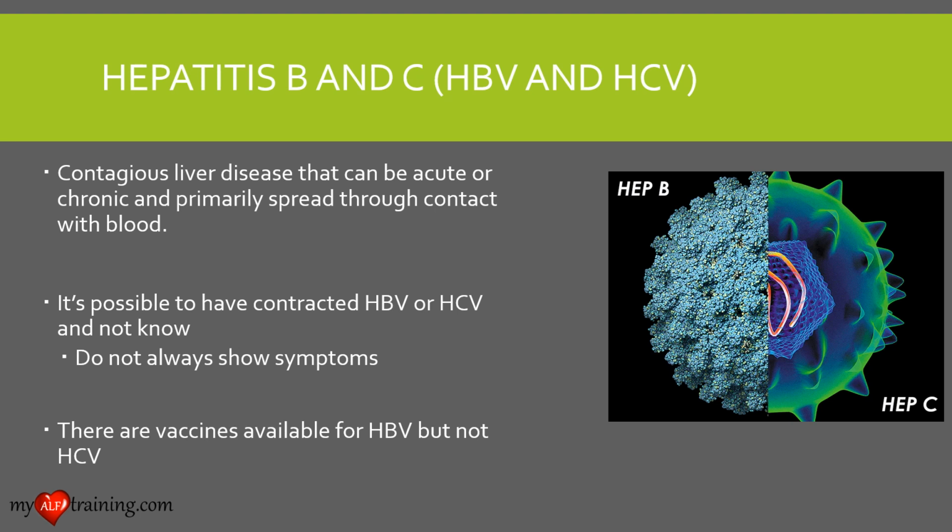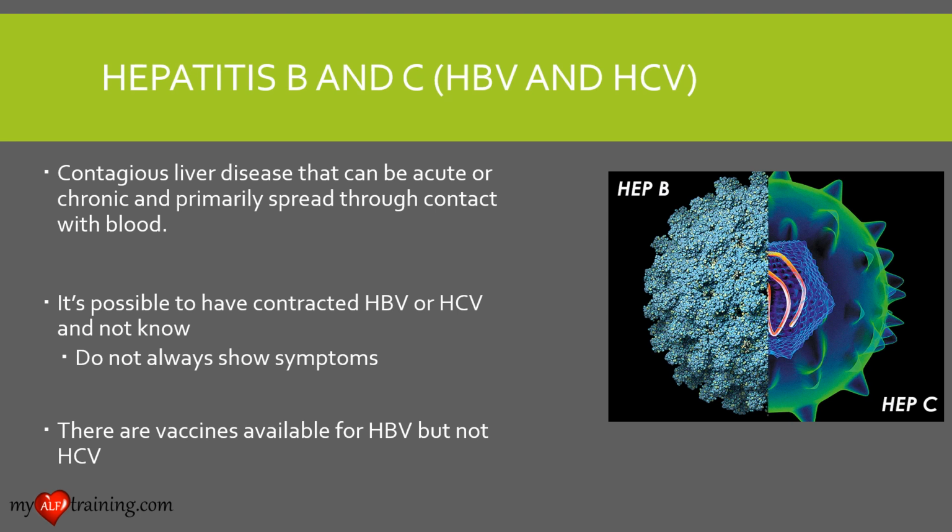Hepatitis B and C, or HBV and HCV. This is a contagious liver disease that can be acute or chronic, and it's primarily spread through contact with infected blood. It is possible to have contracted HBV or HCV and have no idea because symptoms are not always present.